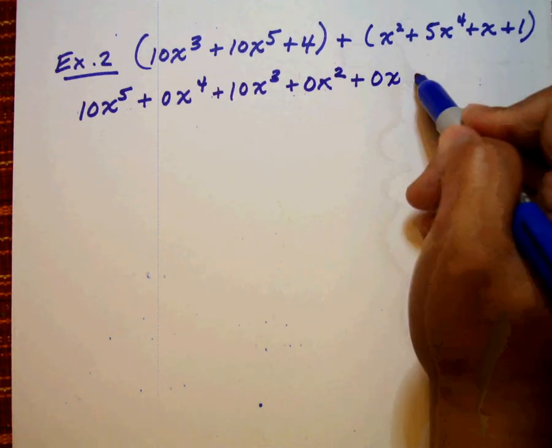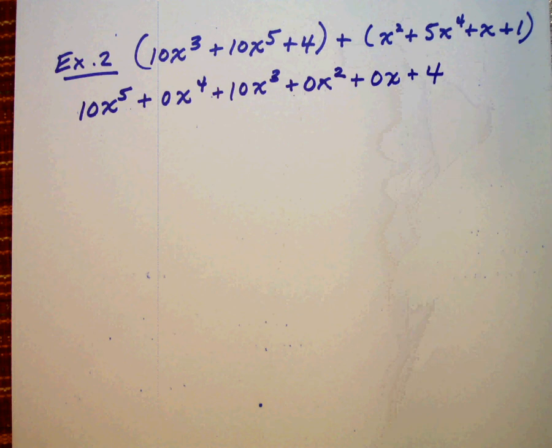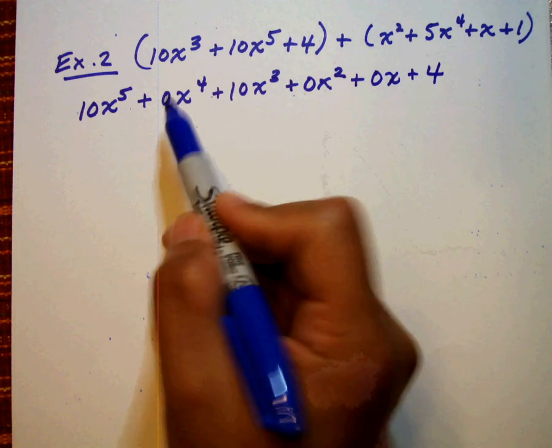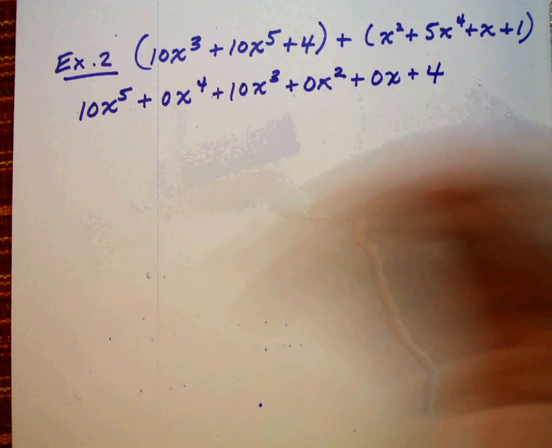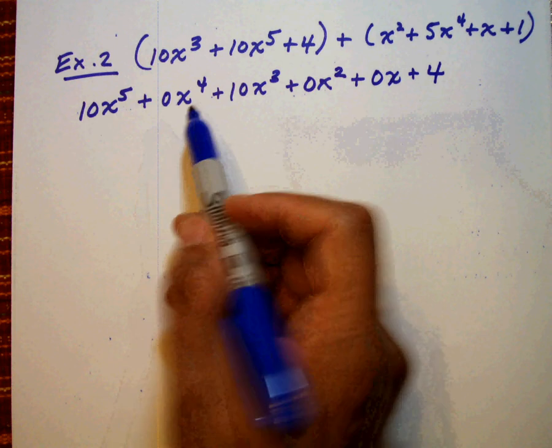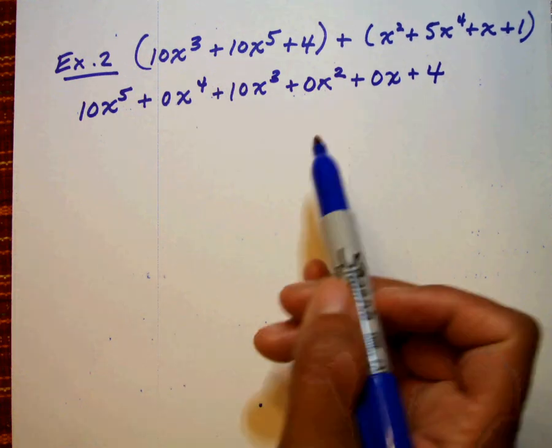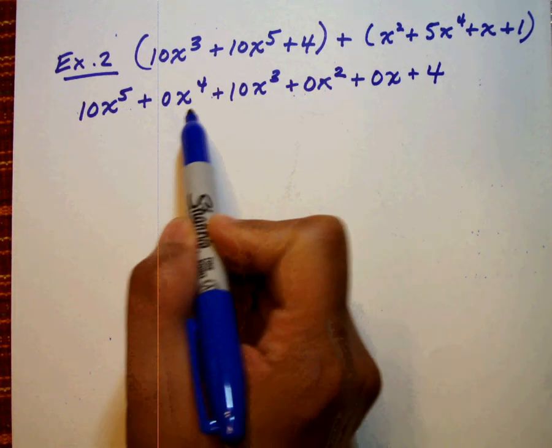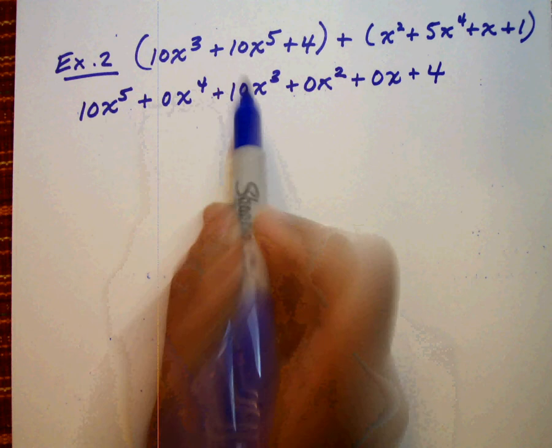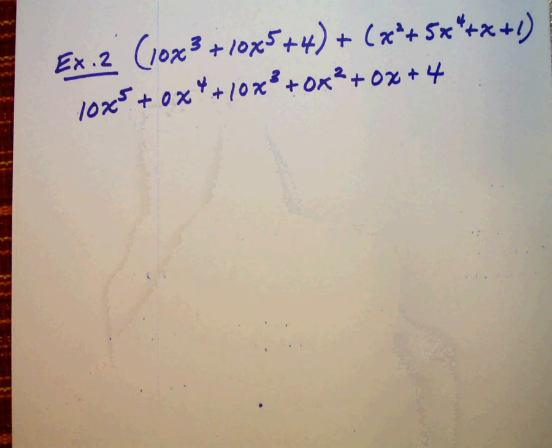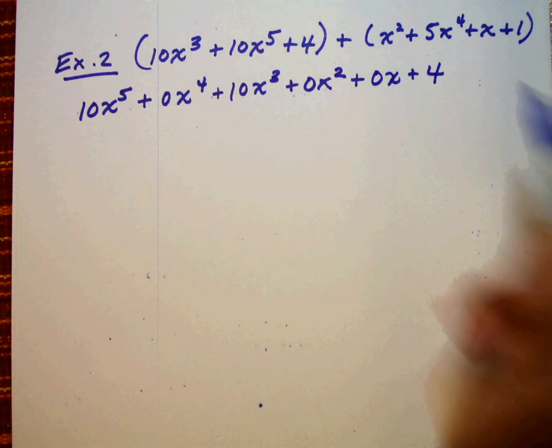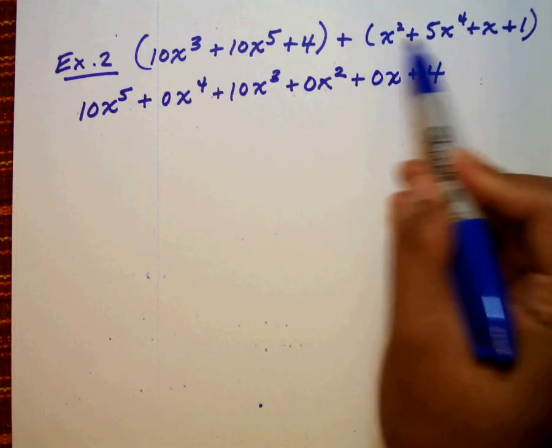I don't have an x, so I can just put plus 0x. But I do have a 4, so plus 4. Now you can put 0x to whatever power it is if they're not there, or you can just leave it blank. Just put a little space in between the terms that you have.